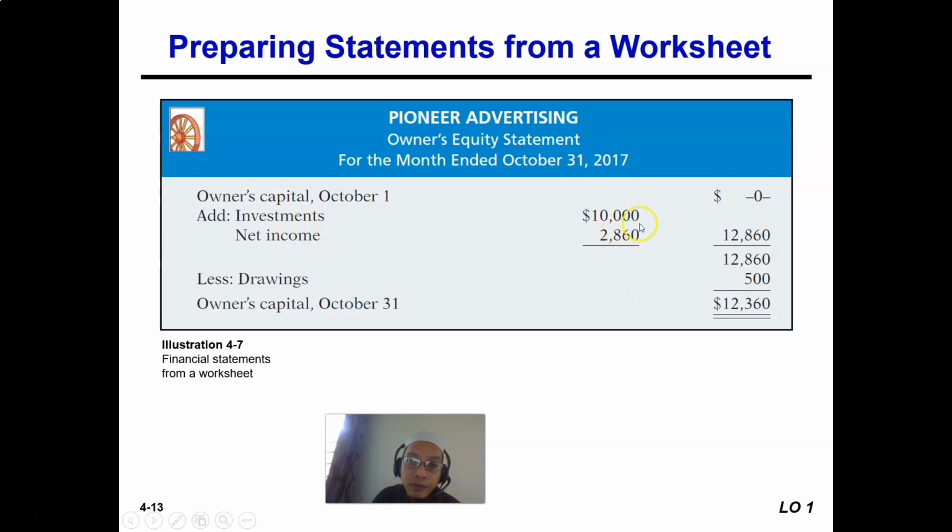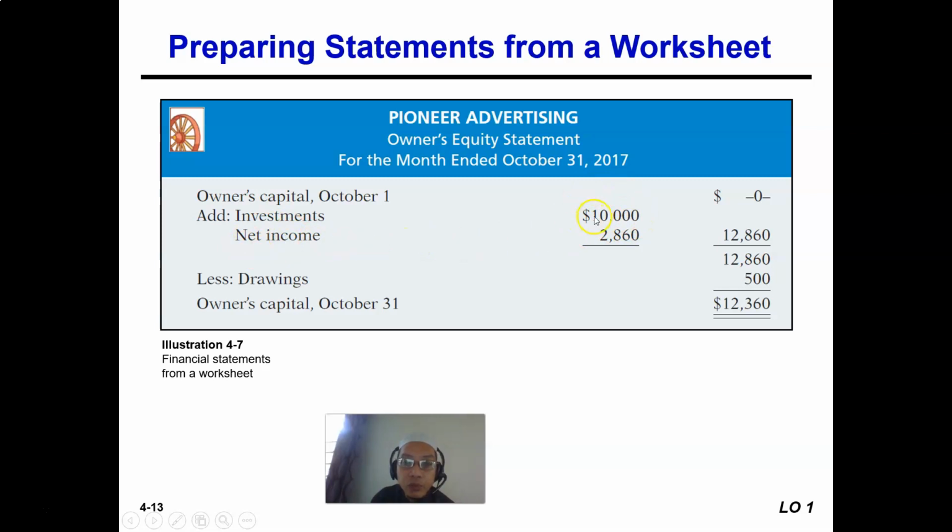We know that because in the worksheet there's a balance of 10,000. So the difference to the ending balance of owner's capital is the investment, 10,000. And then net income.